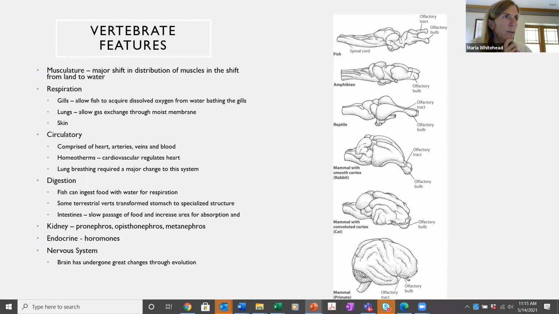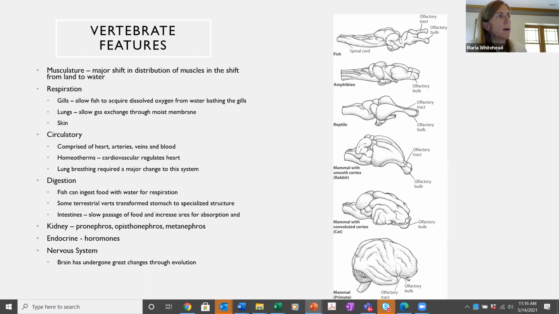The heart became progressively divided into the right side that pumps blood to the lungs and the left side that pumps oxygenated blood to the body in our organisms as they move toward homeothermy. And that four-chambered heart, although we saw it evolve first in lungfish, it really was perfected in crocodiles, birds, and mammals as part of that efficient system and in order to maintain homeothermy in those organisms.